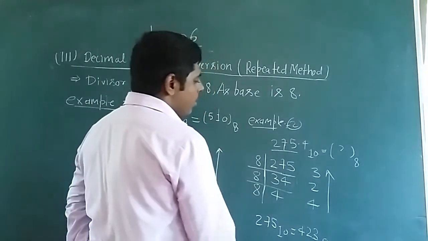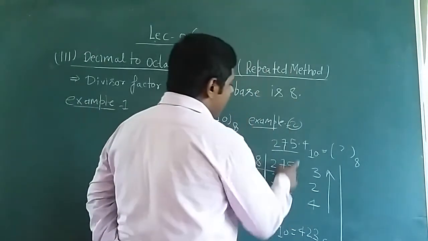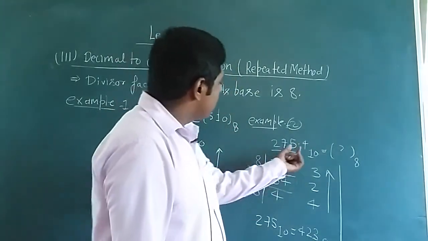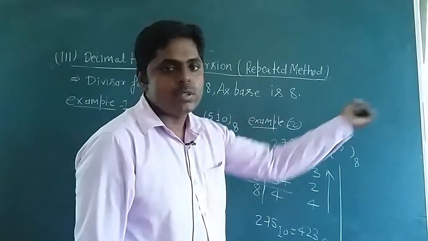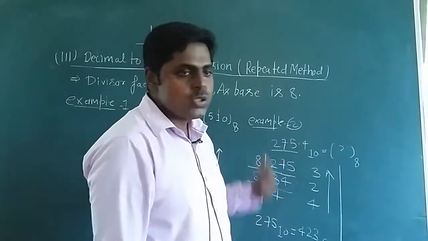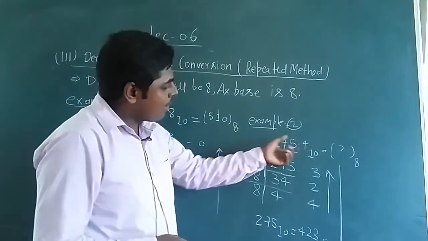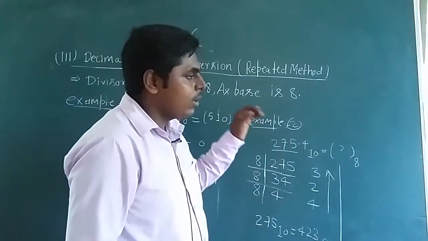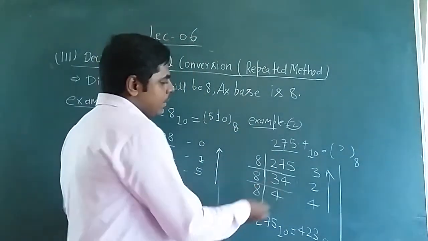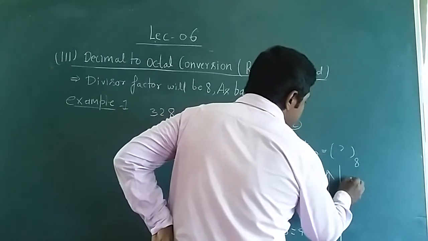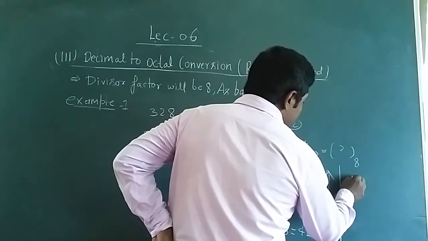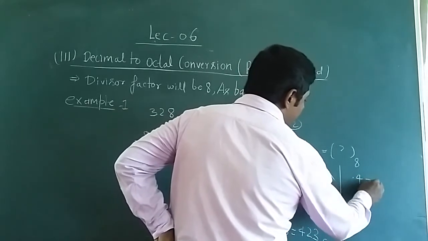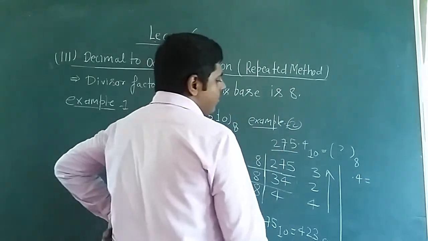Now we have 0.4 left, and we also need to convert this into an octal number. How will we do it? See here, this is 0.4.